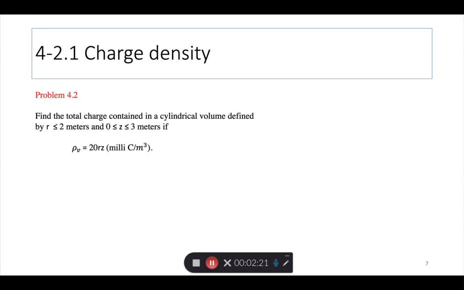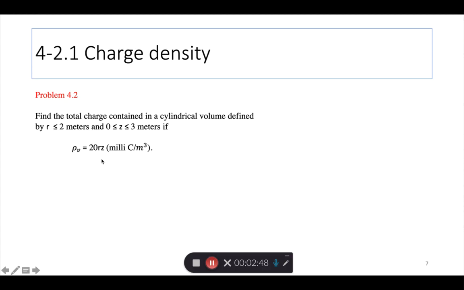All right, moving on to the next slide, 7. Here there's a problem from the back of the chapter that I will look at. And so the problem is similar, except that we now have a cylindrical volume defined whose charge density is not a constant, but it's a function of both r and z.